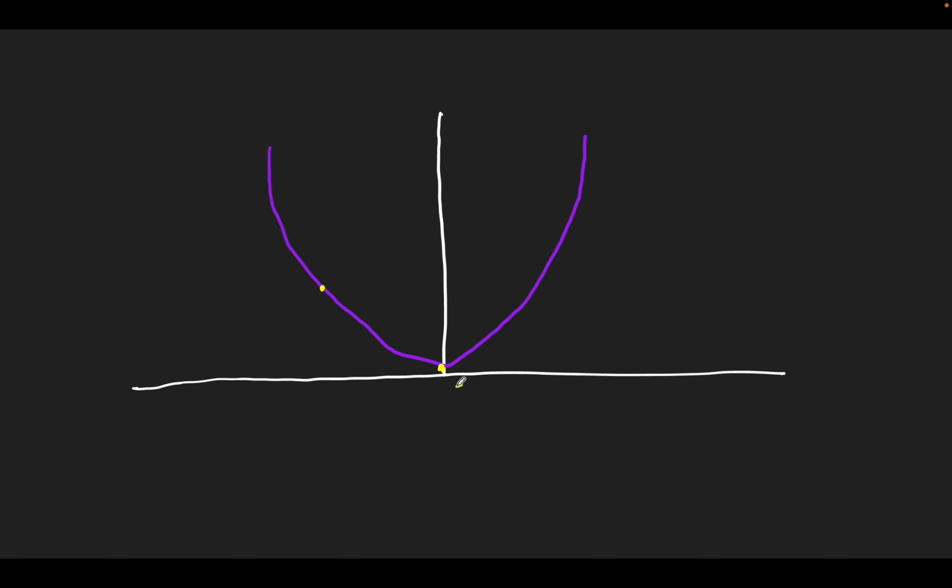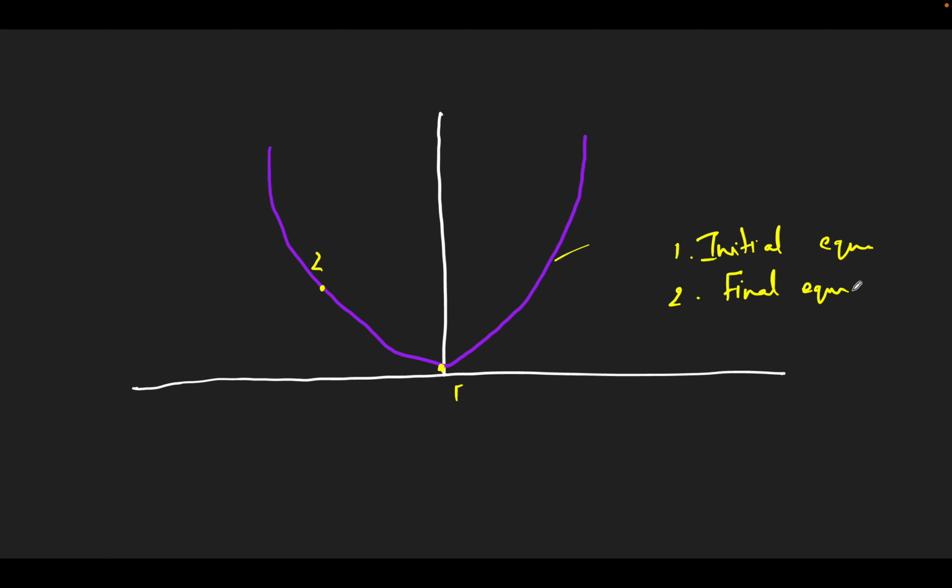So this was the initial position, this is the final. Point 1 is the initial equilibrium, point 2 is the final equilibrium or current equilibrium.